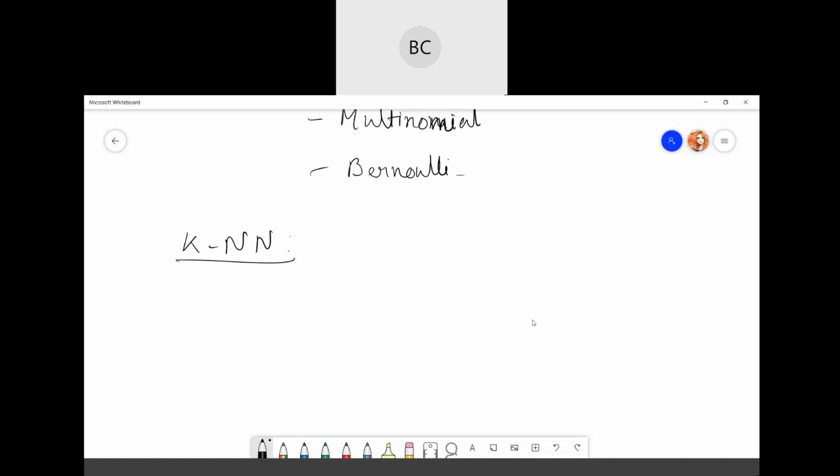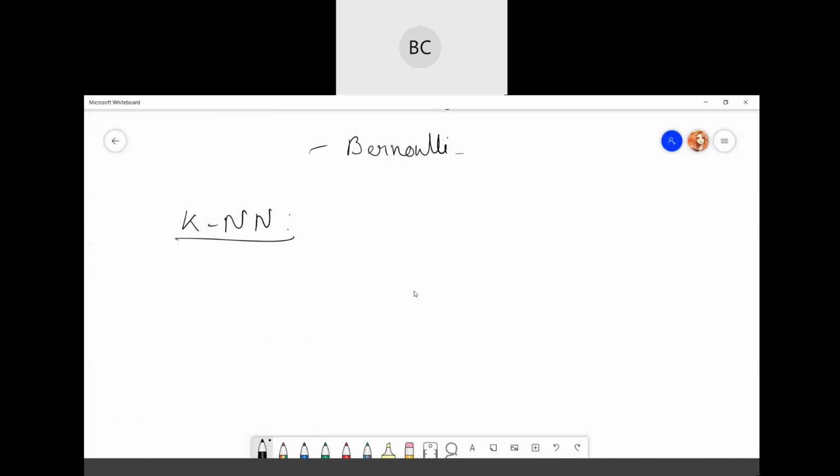So what is the KNN algorithm? KNN algorithm assumes the similarity between the new case and available cases. Yes. So it basically finds the similarity between your data points. Whenever you put in a new data point, it just sees the similarity.